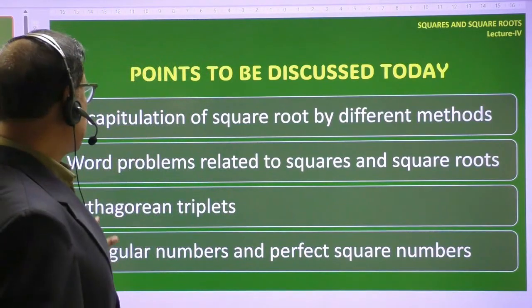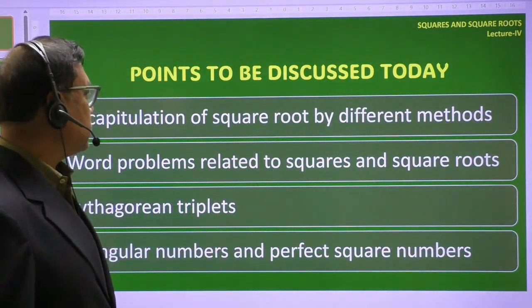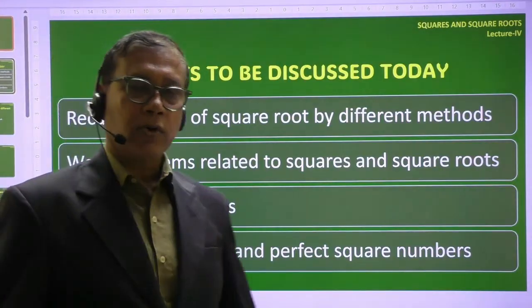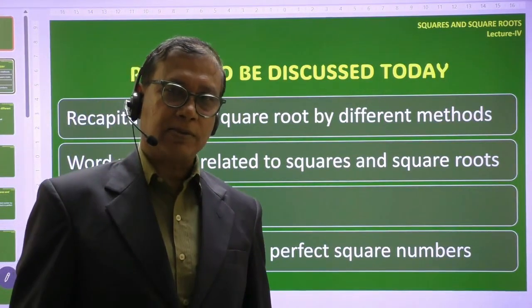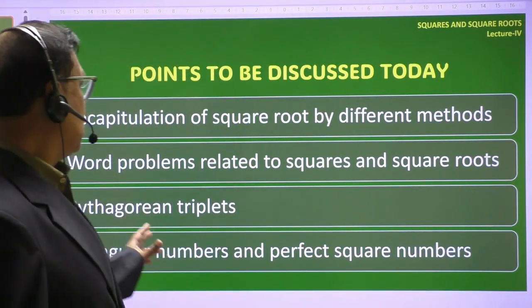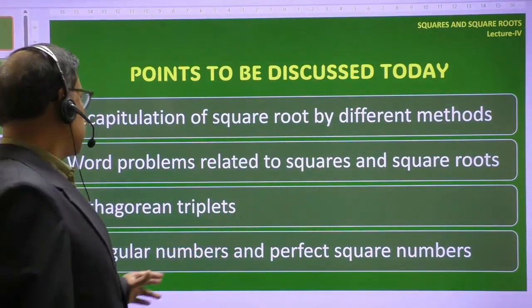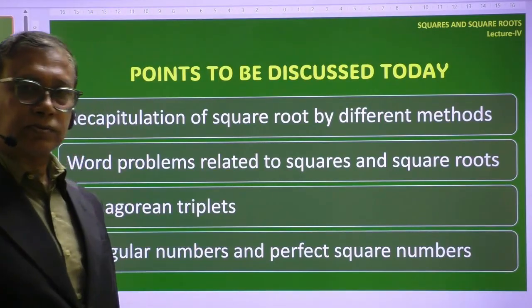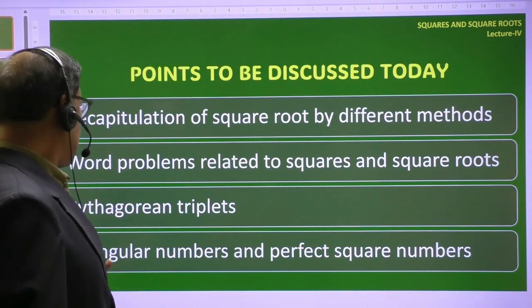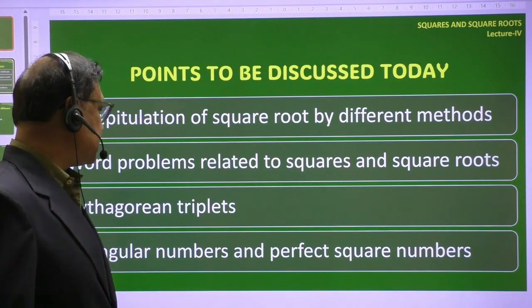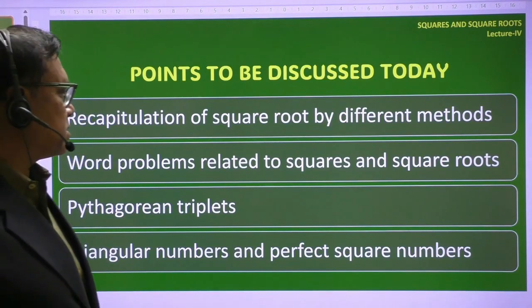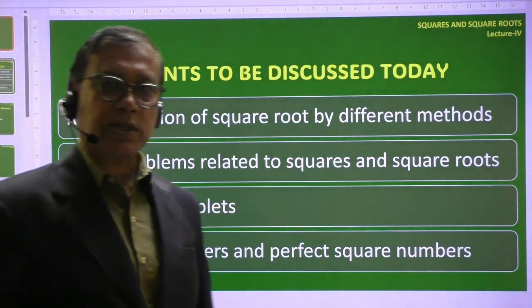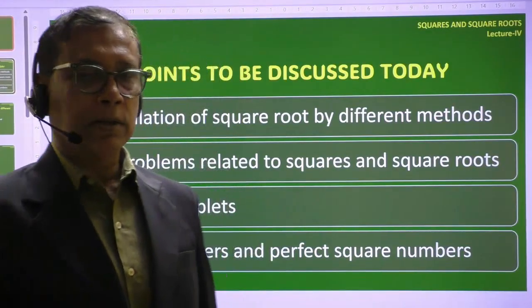Second, word problems related to squares and square roots. We will practice a few sums on squares and square roots. And third point is Pythagorean triplets. This is very important. And fourth point is triangular numbers and perfect square numbers. So these 4 points I will discuss one by one.